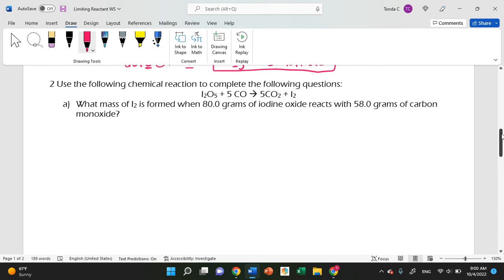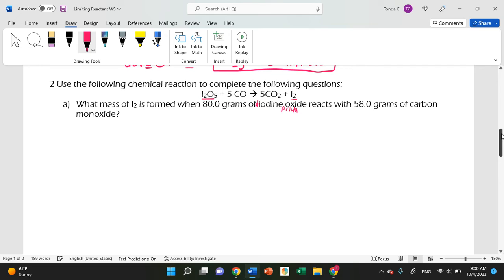Okay. Part A is going to work a lot like Part A up above. It says, what is the mass of I2, which is one of our products here, that is formed if we start with 80 grams of diiodine pentoxide, I2O5, which reacts with 58 grams of carbon monoxide.